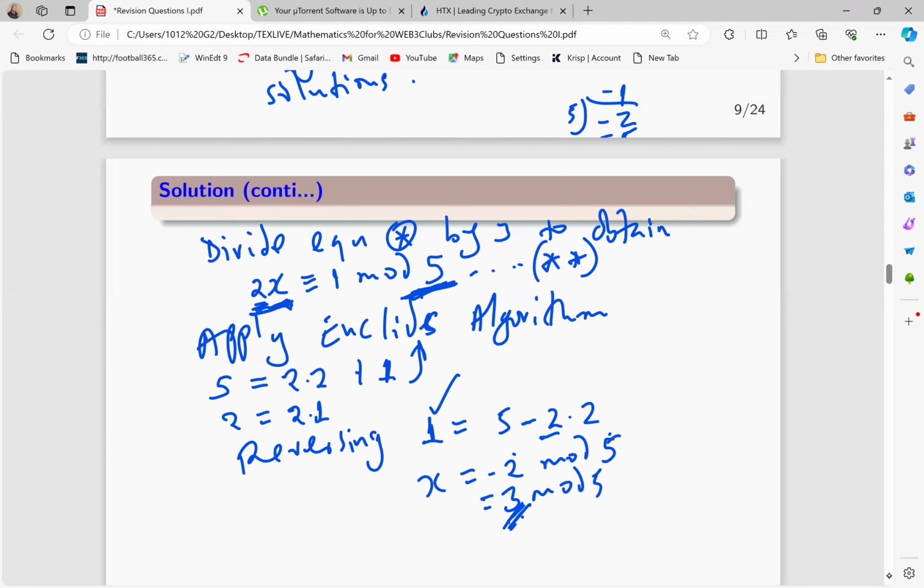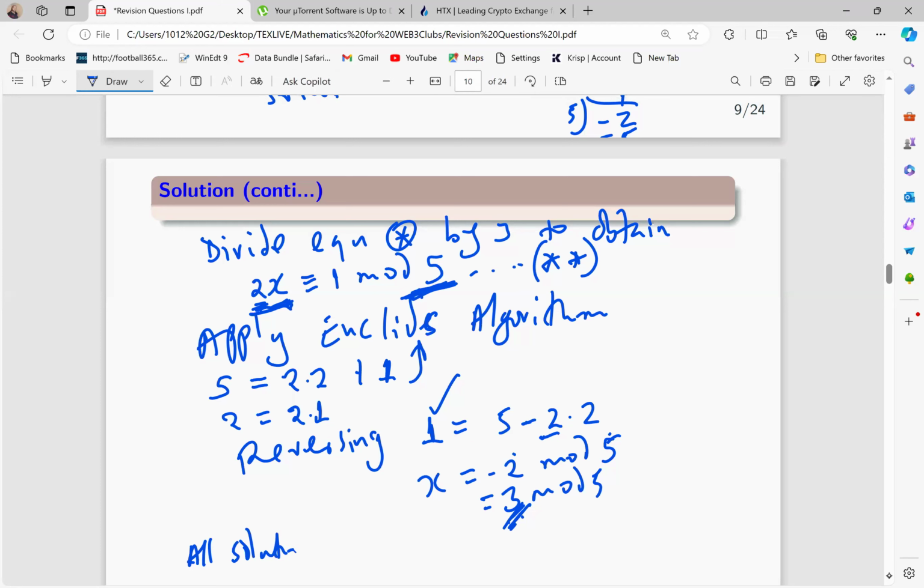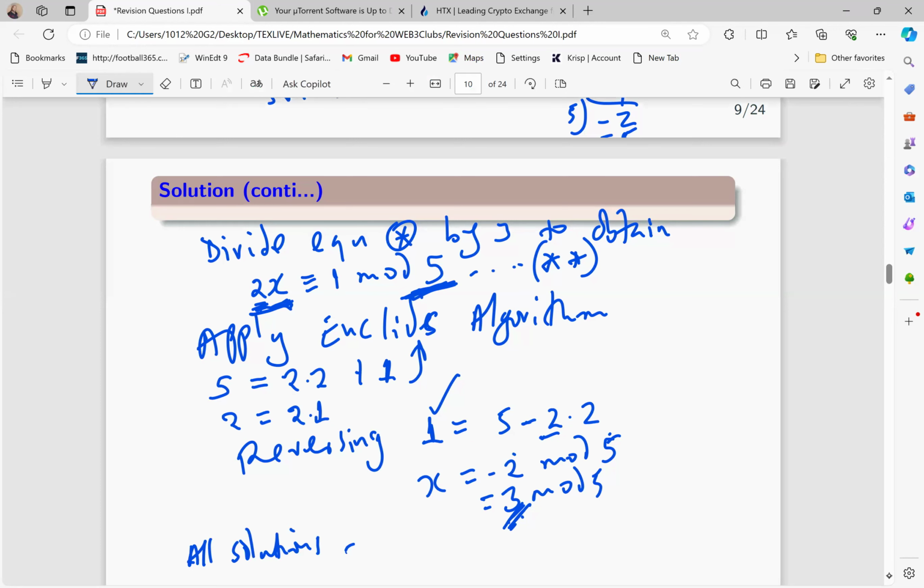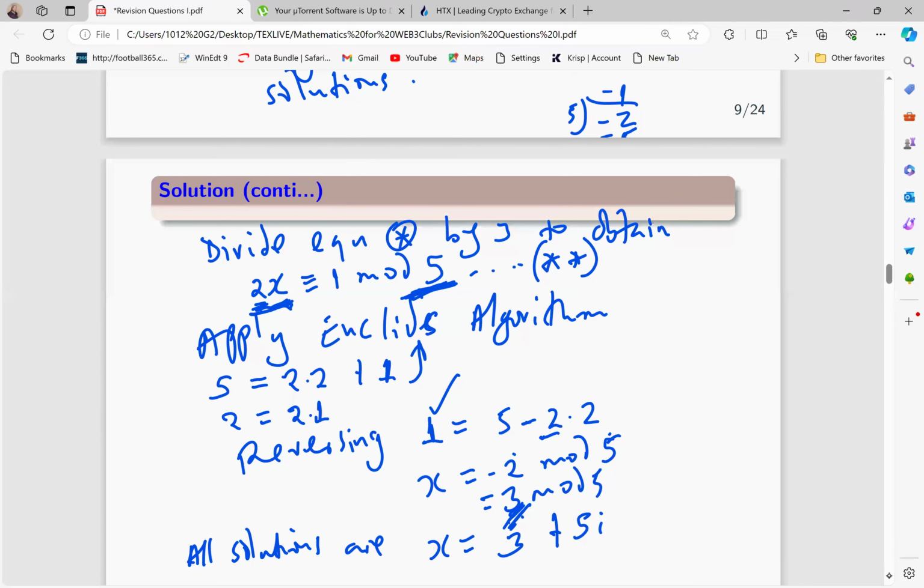That means all solutions are x equals 3 plus 5i, where i is 0, 1, 2. So this is the general solution.